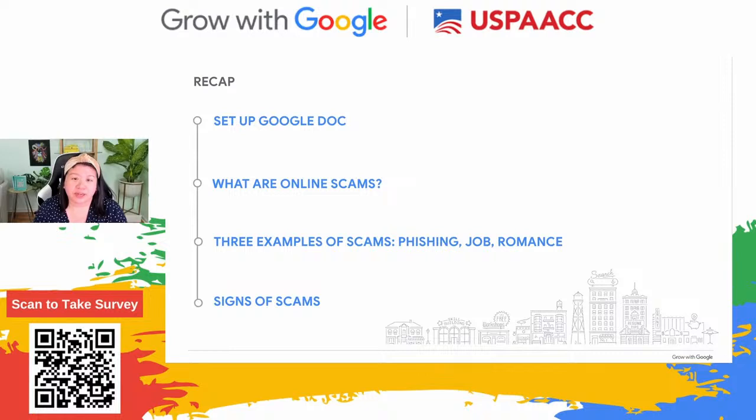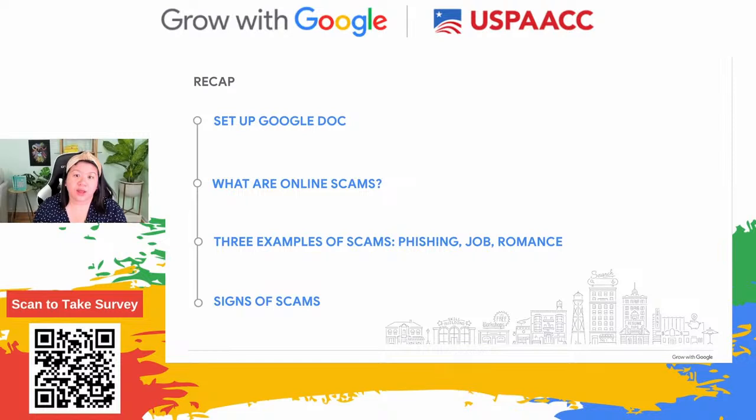The document you created will be saved automatically so you can return to it anytime to reference. We talked about what online scams are and discussed the two main things that scammers are looking for from people online. That's money and personal information. We discussed ways you can protect your money and information from scammers.